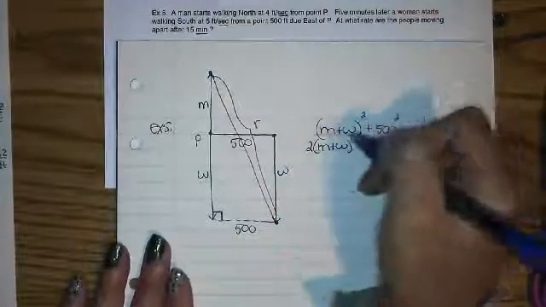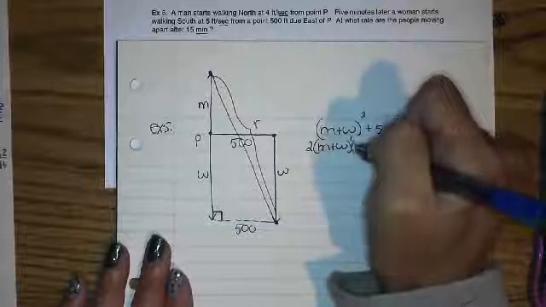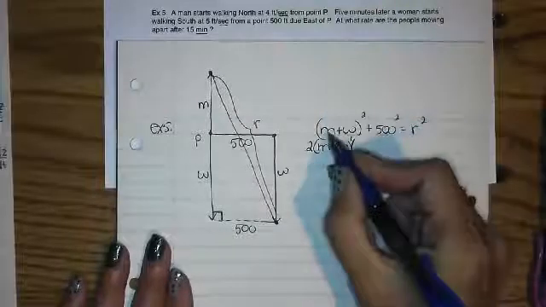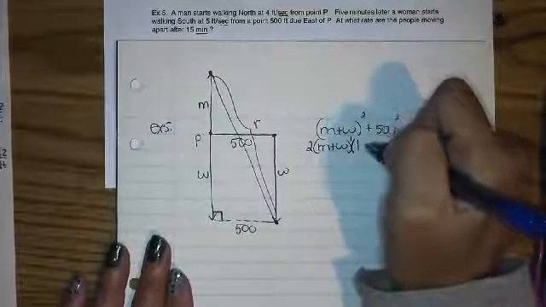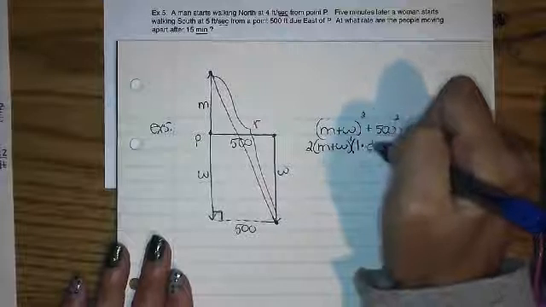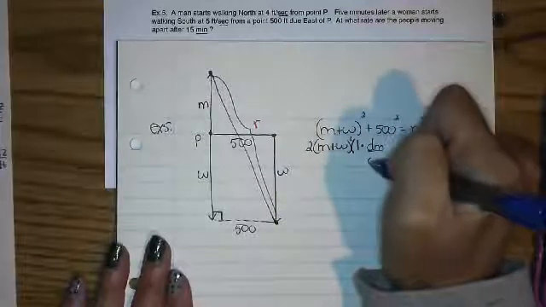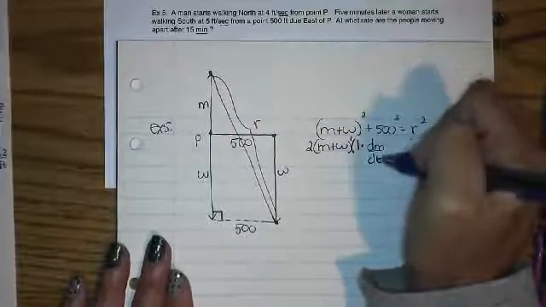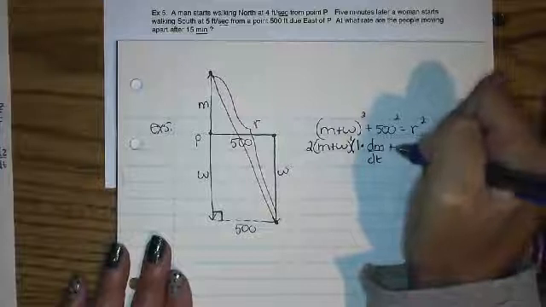So first thing here is I've got an outside inside, so chain rule, so the 2 comes down, times (m plus w) to the first, times the derivative inside, and I've got 2 derivatives in there, so I need parentheses.